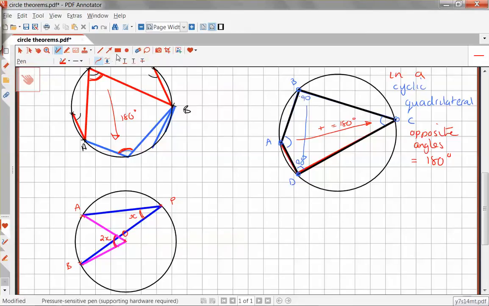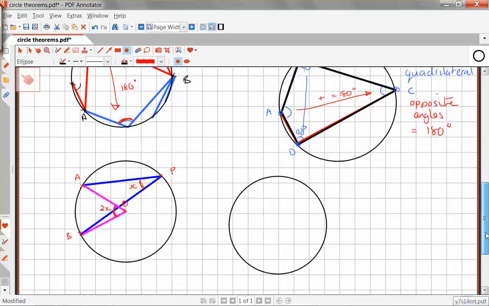So, for instance, if I draw another situation, again, centre of the circle. I call this one, I remember it as the Star Trek rule.